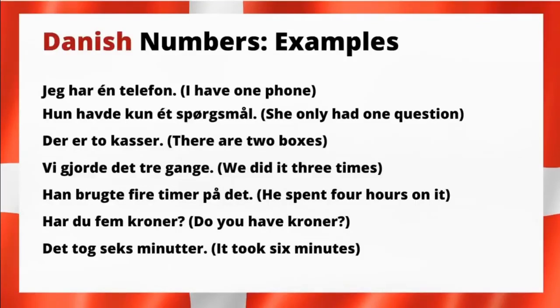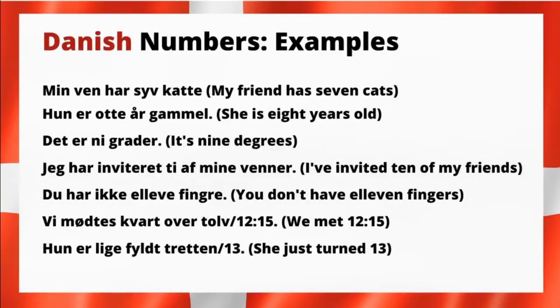Alright, more examples. Min ven har 7 katte. My friend has 7 cats. Alright. Hun er 8 år gammel.